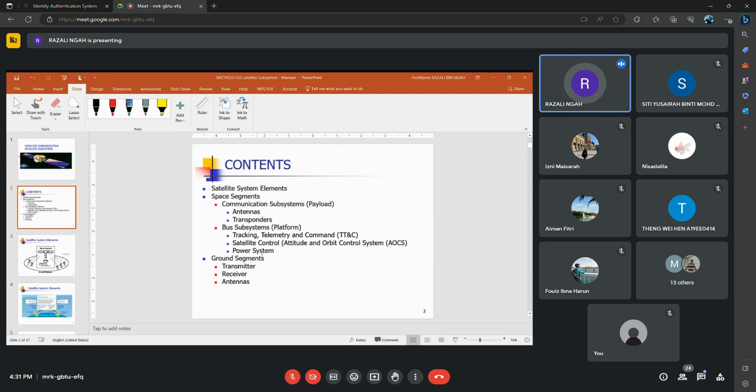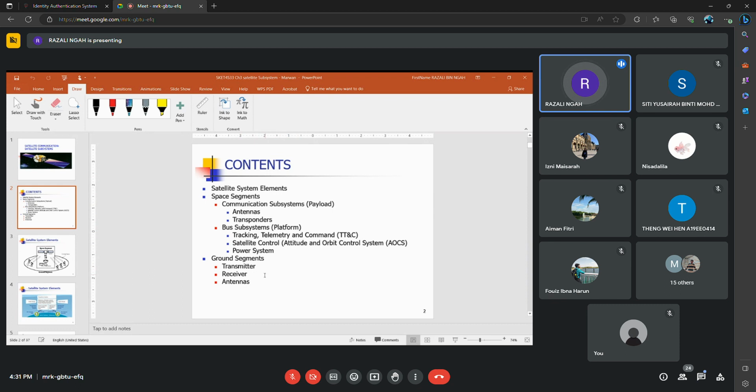And also the power system, the main one being the solar power system, and we also need a battery. This power system powers up the communication system, but it's not related directly to the information. So the power system is considered a bus subsystem or platform, while the communication system deals directly with the information. So this relates to the space segment, payload and platform.